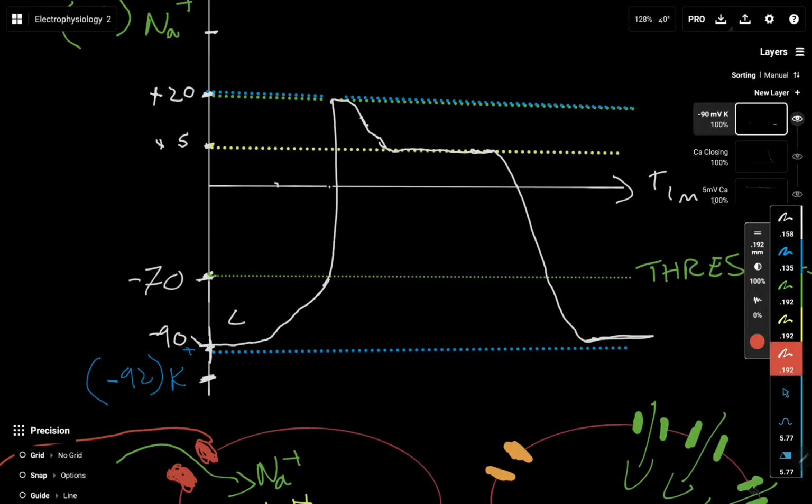Put in red actually. It's called phase 4. This almost straight line up, that's what we call phase 0. And that is where my rapid depolarization occurs.